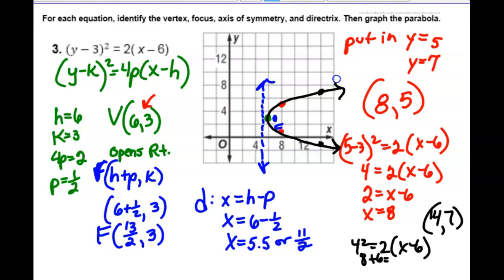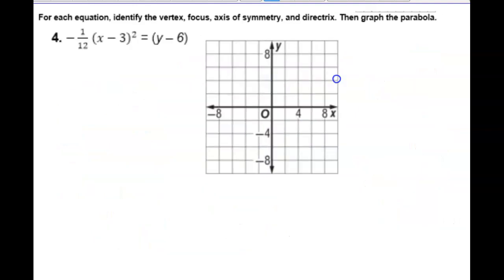All right. Those are so fun. What's happening here? Yeah, the p is not where we want it. They messed with us, because our paper says x minus h squared equals 4p times y minus k. So what do we need to do?